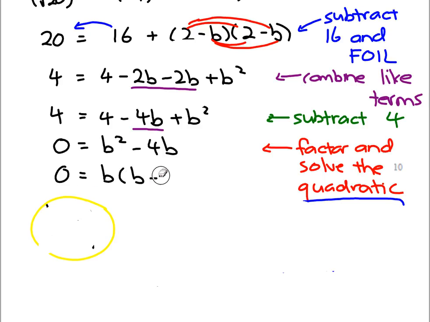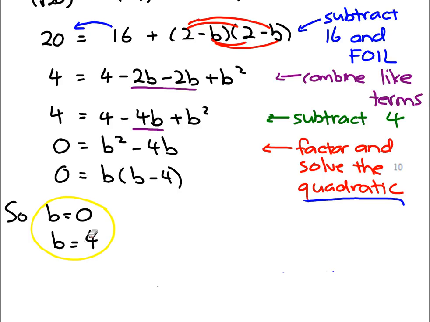It's negative 4. Then you separately solve. Here we've just got b equals 0, so b equals 0 is our first one. If b minus 4 equals 0, what's b got to be equal to? It's got to be equal to positive 4, because positive 4 minus 4 equals 0.